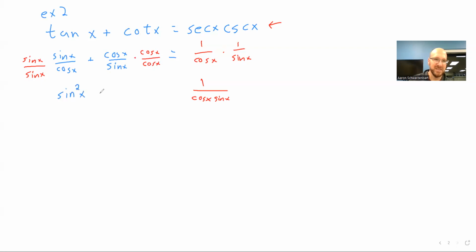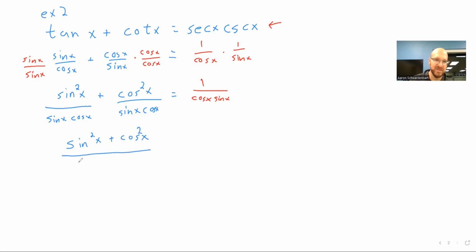So sine x times sine x is sine squared. Cosine x times cosine x is cosine squared. So again, all I did here was multiply each term by 1. I now have a common denominator, which means I can make them a single fraction.